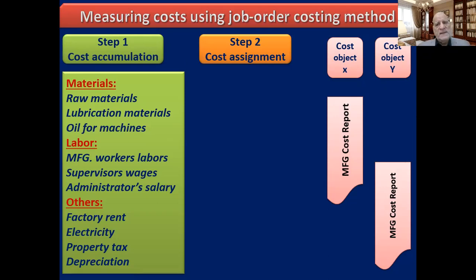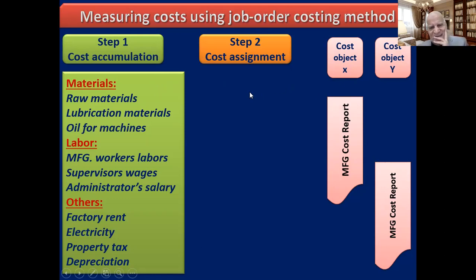As we mentioned, it is illogical to divide the total of these costs by 2, because each job order uses different amounts of costs. So we will try to assign each cost item to these 2 cost objects.